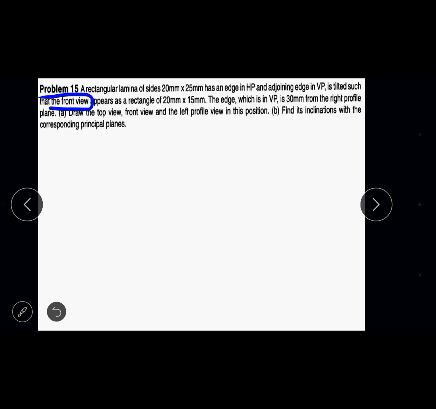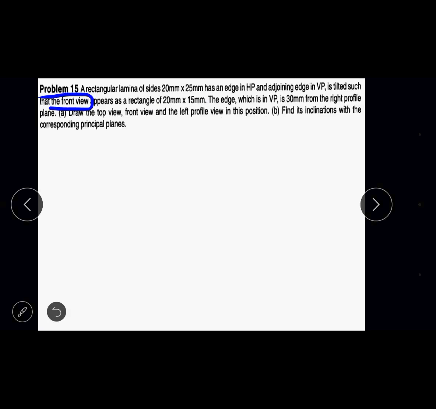Since the front view is used and it is in the form of a full lamina of 20 into 15, not a horizontal line or inclined line, the word front view indicates VP resting.